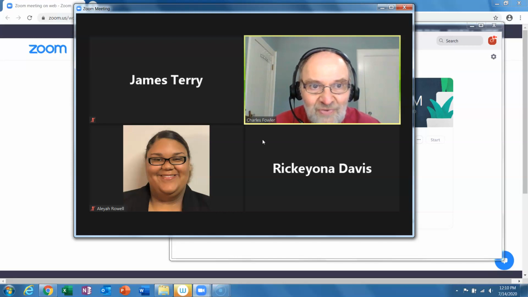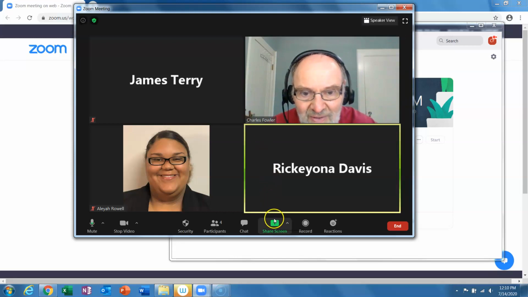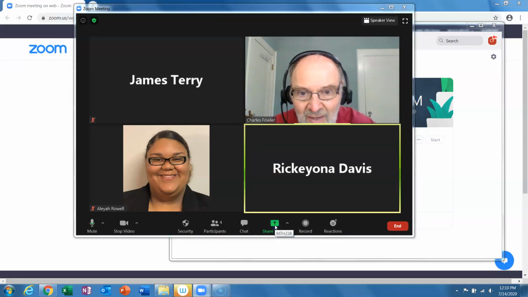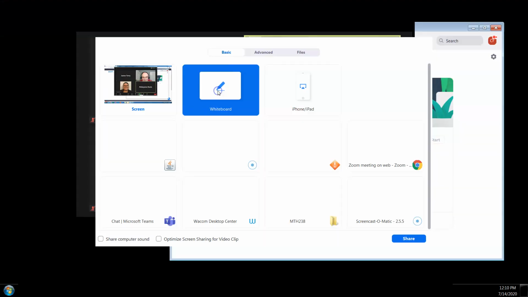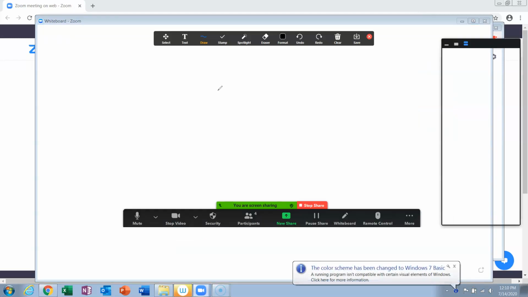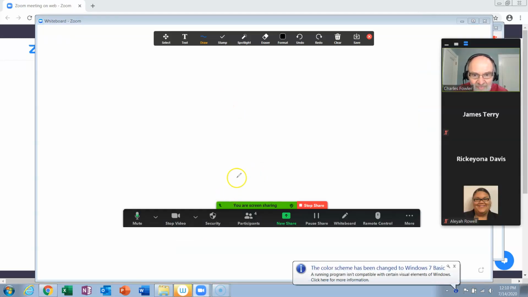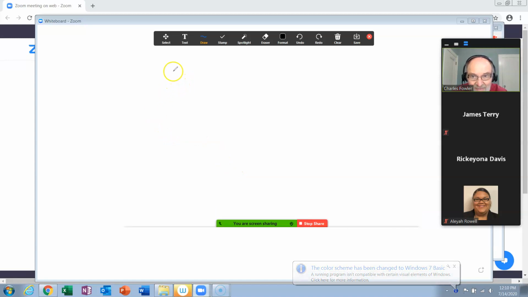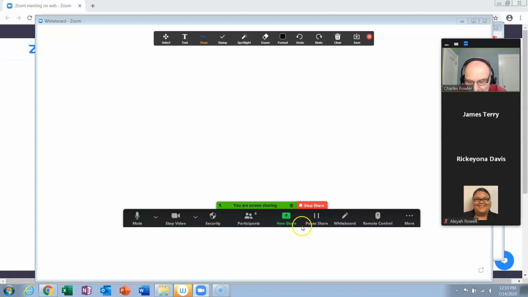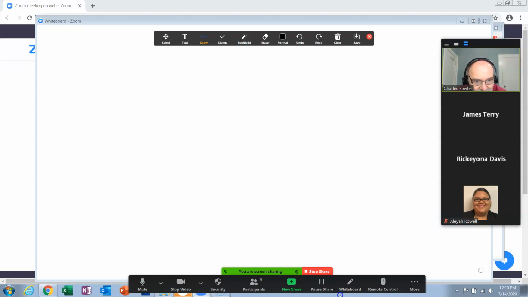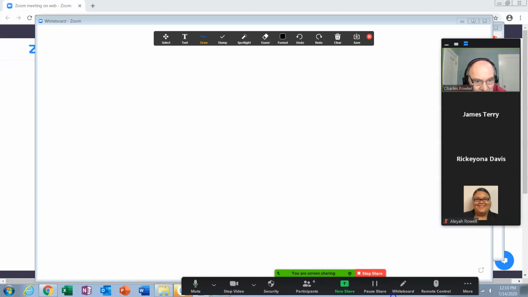Let's do example 6, okay? So let me get the screen share back to the whiteboard. And here we are. Now I have to move everything around. The taskbar down at the bottom is in my way, so I have to move that as far out of the way as possible.